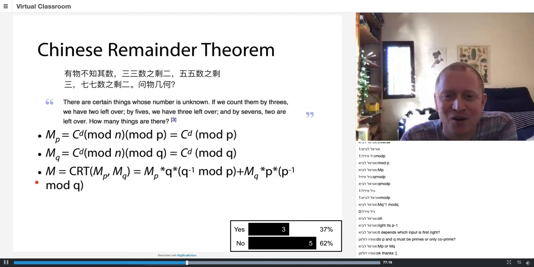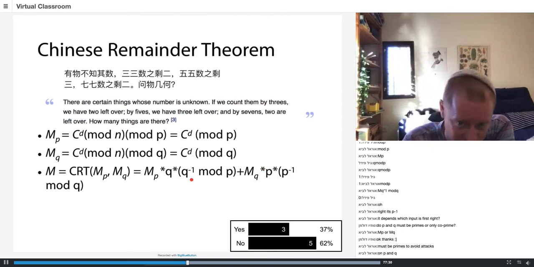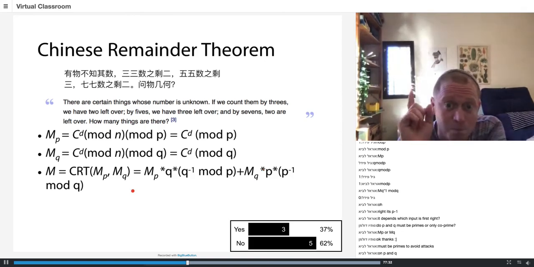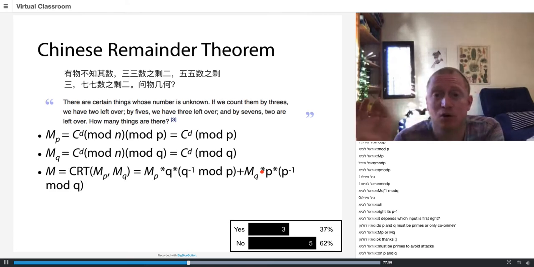So I want to show you that if I take m and reduce it modulo p, I get m sub p. There are two parts to this term. There is the left part, which is m sub p times something, and there is the right part, which is m sub q times something. When I reduce it modulo p, I'm going to get this thing modulo p plus this thing modulo p. Let's deal with the right part first. Anything multiplied by p modulo p becomes 0.